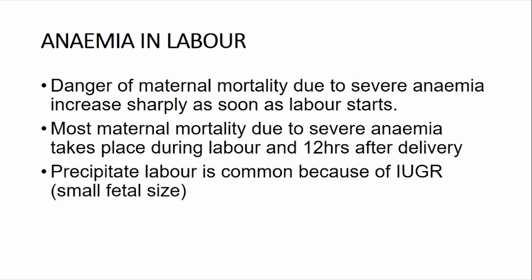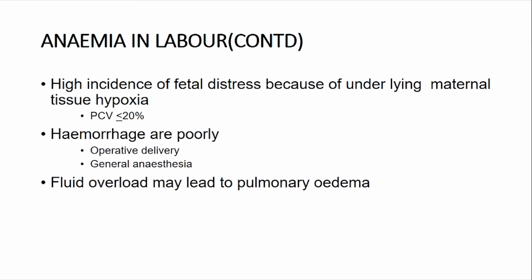For anemia in labor, the danger of maternal mortality due to severe anemia increases sharply as soon as labor starts. Most maternal mortality due to severe anemia takes place during labor and 12 hours after delivery. Precipitate labor is commoner in patients with anemia in pregnancy because of intrauterine growth restriction.